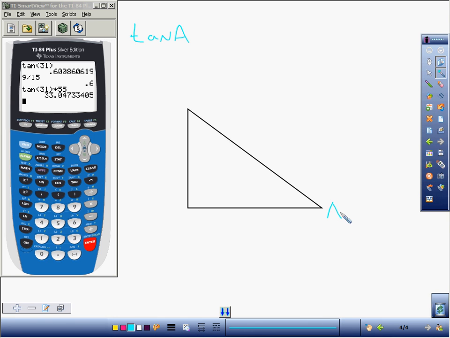So sometimes they call this A, sometimes they call this B. Usually they call the right angle C. And if I'm looking at A, this side is called the opposite side. This side is called the what side? I'll give you a hint. That's the hypotenuse side, and that's always the hypotenuse. And this is called the adjacent side.